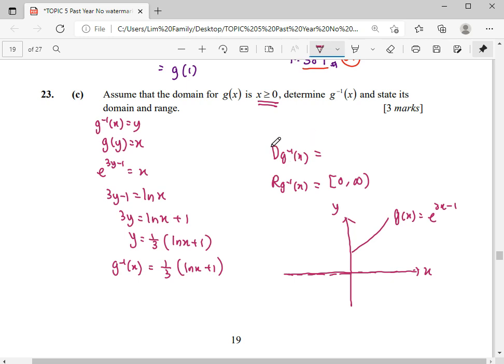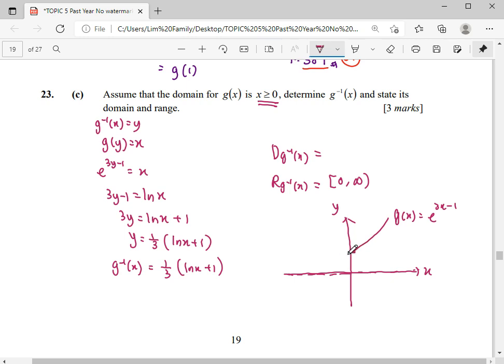So when you want to find the domain of g inverse, we will find the range. We will find this range. When you look at the range, it means we look at the y. The y from the bottom here, no more graph. The starting point where we have graph is here. So our range of this function will start here.